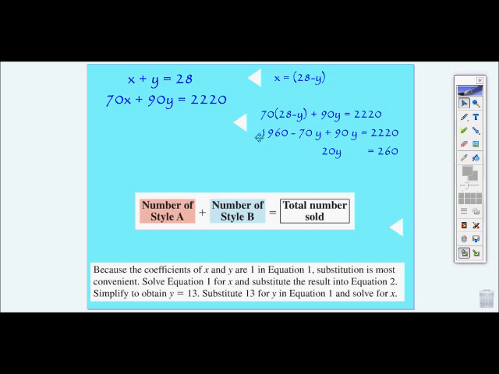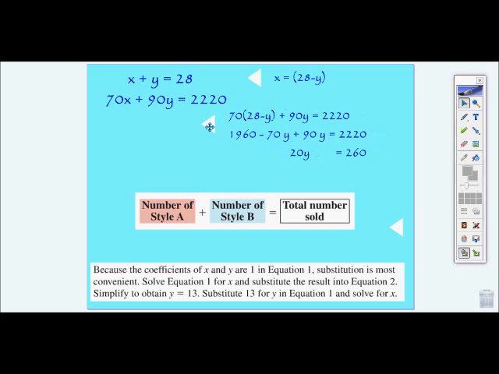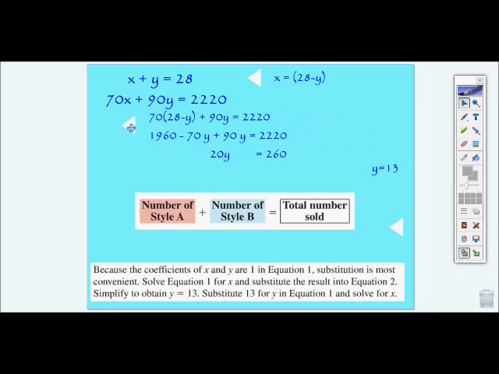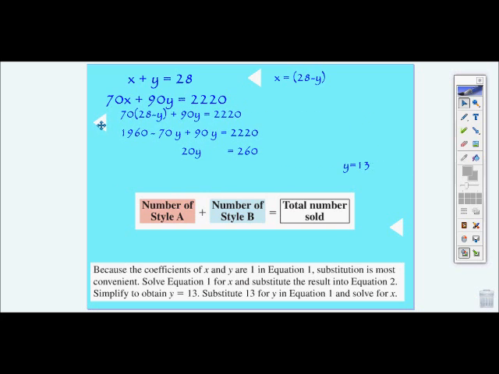I subtracted the constant term 1,960 from the constant term on the other side of the equal sign, resulting in 260. I combined the coefficients, negative 70 plus 90, to get the new coefficient 20y. So now 20y equals 260. I continue with my balanced equation and divide both sides by 20, giving y equals 13. That's the first step in substitution.